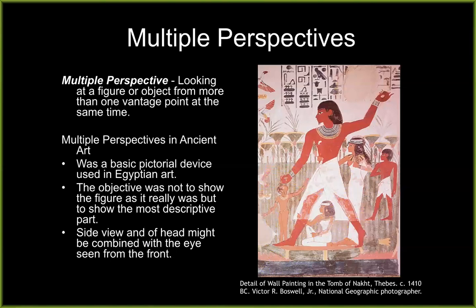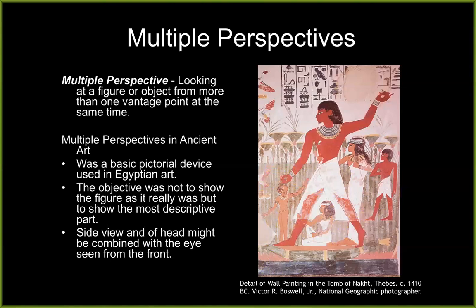Then you can have multiple perspectives. These were used a lot in ancient art. This Egyptian piece shows it. It is just when you have figures that are placed so that they wouldn't ever appear this way in real life.